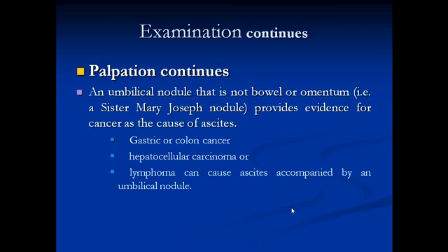You have to say the causes of Sister Mary Joseph nodule. There may be gastric or colon cancer. There are lots of causes of Sister Mary Joseph nodule. Even if the examiner asks you during palpation what the one single point is that you may find, you have to answer the Sister Mary Joseph nodule.